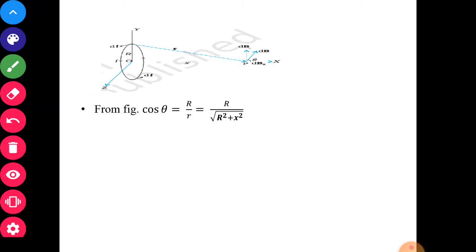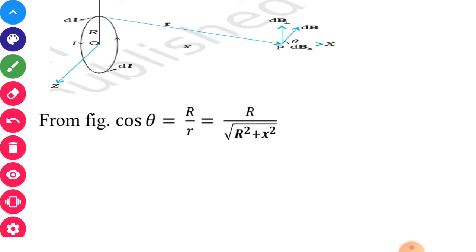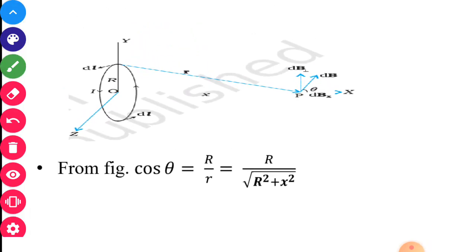From the figure you can now take cos theta easily. How to take cos theta? It is adjacent upon hypotenuse. Here this angle is theta, as I showed in the model also.